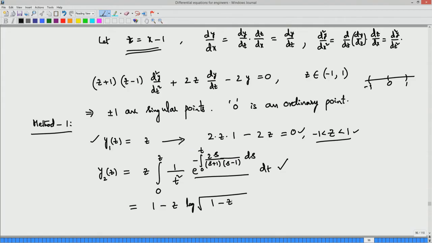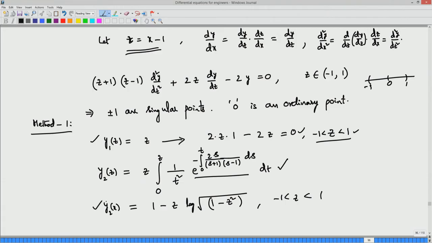You need not write the modulus because z is between minus 1 and 1, and 1 minus z square is always positive. So, this is what you will get if you actually calculate.